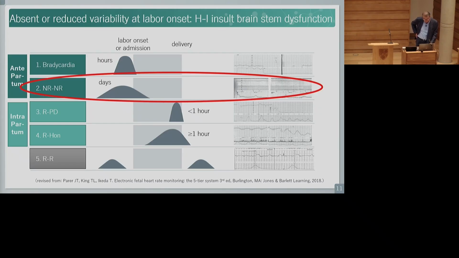These cases are classified as the NR pattern, non-reassuring pattern. The likely explanation is that hypoxic ischemic injury occurred before labor and caused brainstem dysfunction. This raises an important question. How long does variability remain abnormal after hypoxic injury?